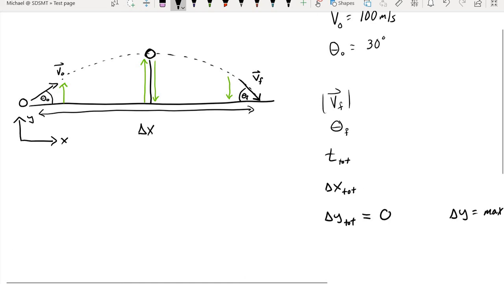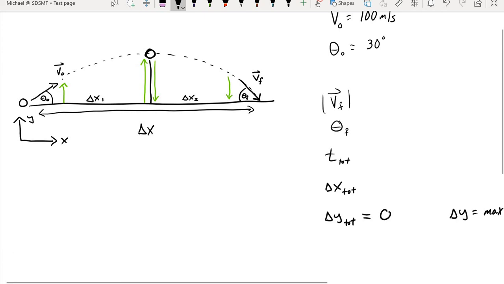But we don't want to make any assumptions just yet. So what I'm going to do is I'm going to segment the displacement delta x into two pieces. I'll say that there's a displacement during the first portion of the flight, and there is a displacement during the second portion of the flight.